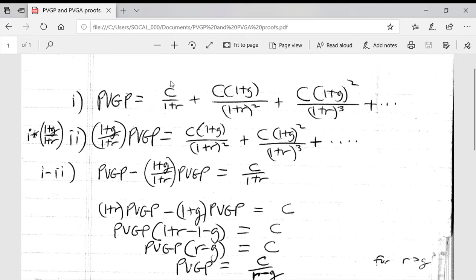So this cash flow here is presumed to occur at date 1, and when I divide it by 1 plus r, that's the same as multiplying C by 1 over 1 plus r, so I'm moving this C back one period in time. The next cash flow in this growing perpetuity would be C times, this is a parentheses here, it's not a double C, that's a parentheses. Again, C times (1 plus g).